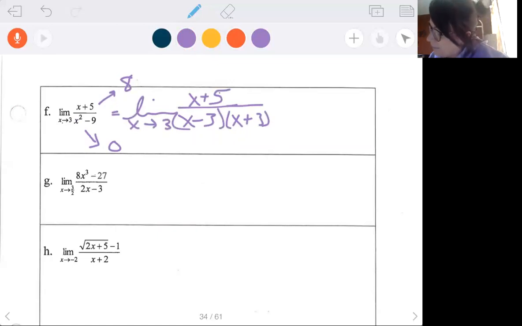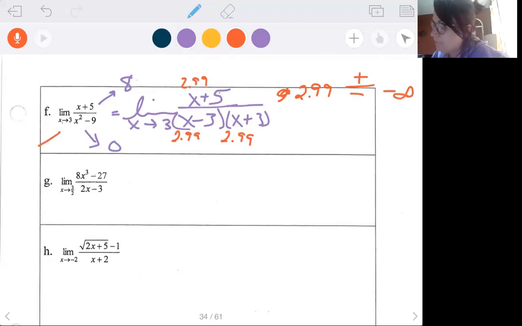So let's come at it from the left, which would be 2.99. We'll do sign analysis. On the top, I'll have a positive. It doesn't matter what it is. On the bottom, when I plug in a 2.99, I would have a negative times a positive, which is a negative. So what that tells me is from the left, negative infinity.